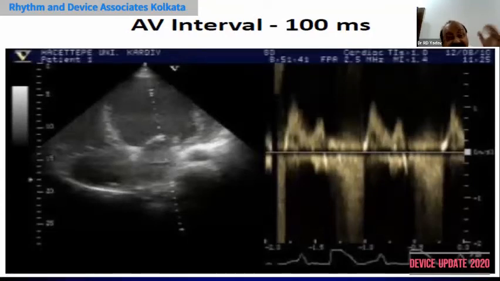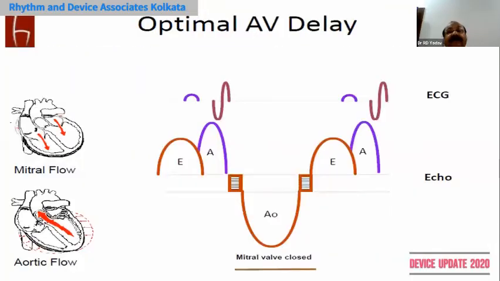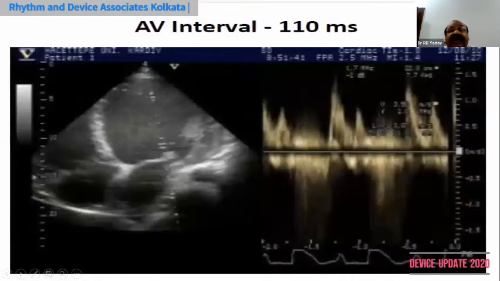So the AV interval where the filling duration is more without truncation of the A wave is the best AV time by echo. So this is the optimal echo where E and A separate and without any diastolic MR. That is what we needed.